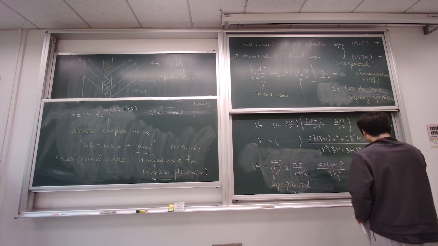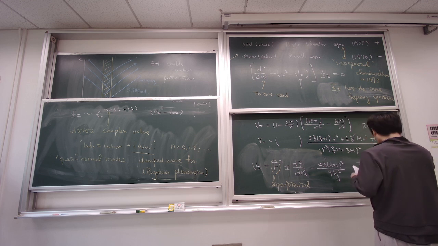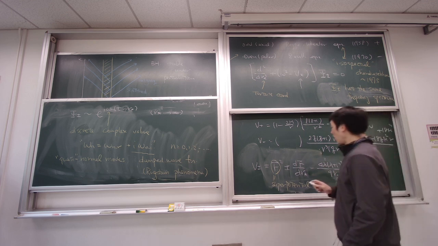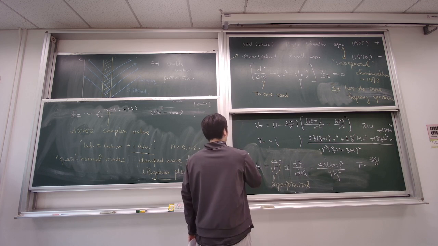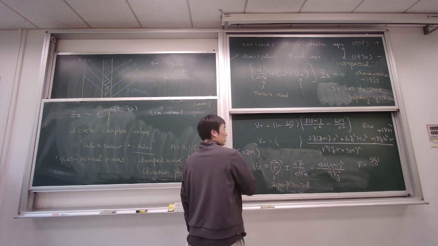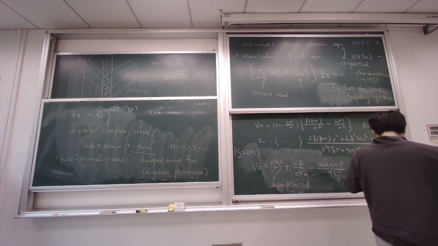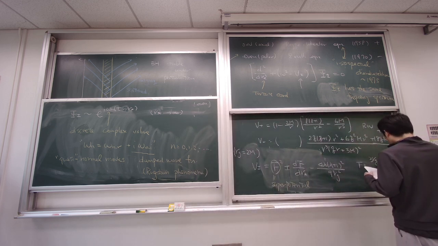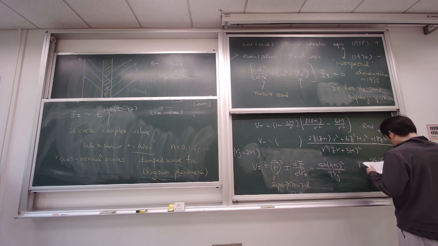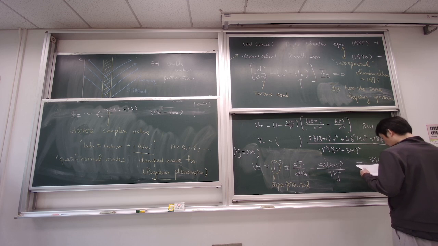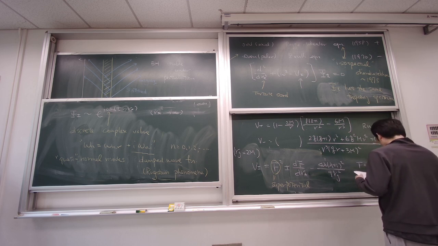So this F is equal to 3Rg, of course Rg is 2m, just the Schwarzschild radius, times (Rg minus R) divided by R squared (2 lambda R plus 3Rg), minus 2 lambda plus Rg.